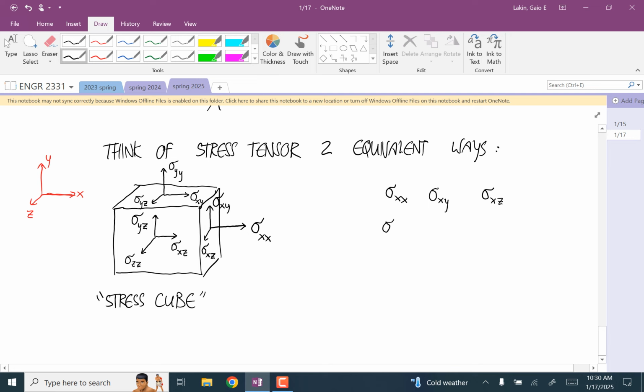So on the next row, we start with xy again, yy, yz, and then the third row, xz, yz, zz. And this is the stress tensor.